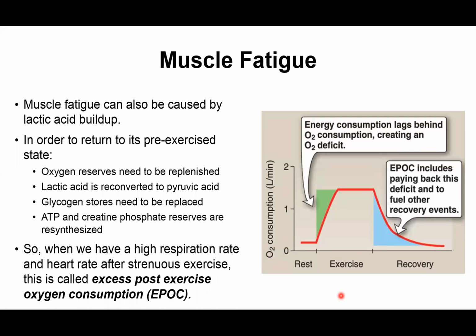This refers to the extra oxygen that the body is going to need following exercise in order to replenish the oxygen on myoglobin, in order to reconvert the lactic acid to pyruvic acid, in order to replace stored glycogen, and to restore ATP and creatine phosphate reserves.